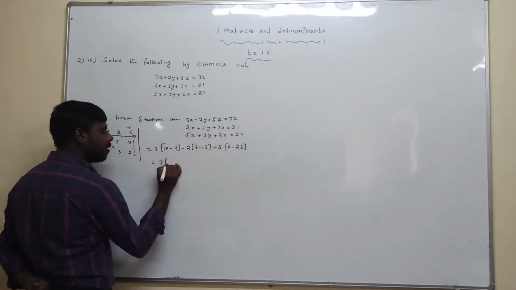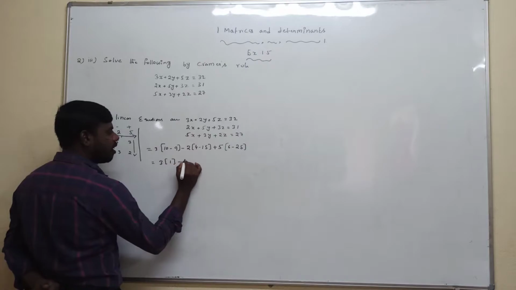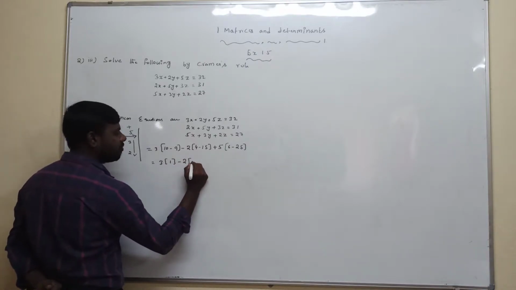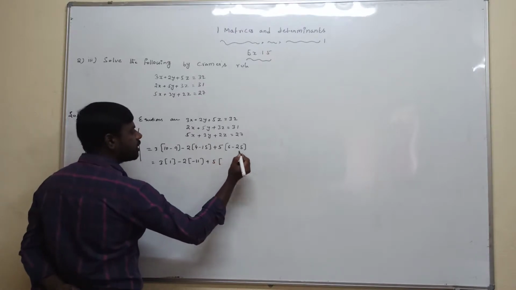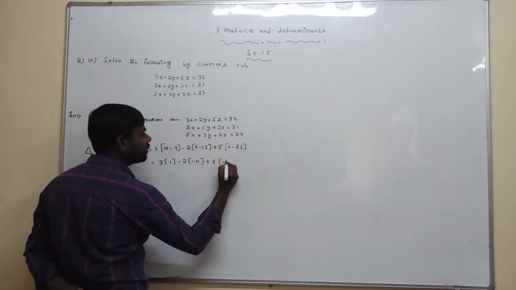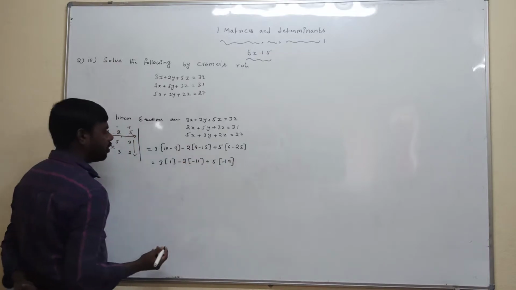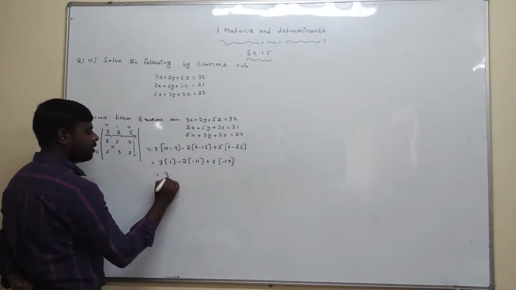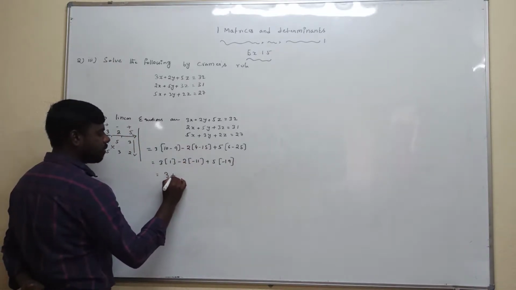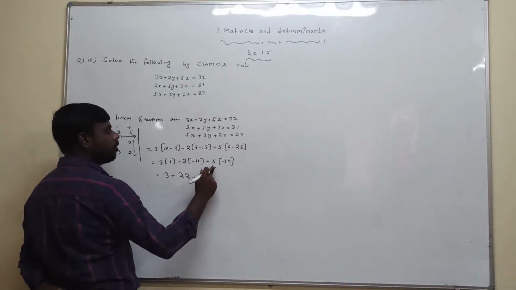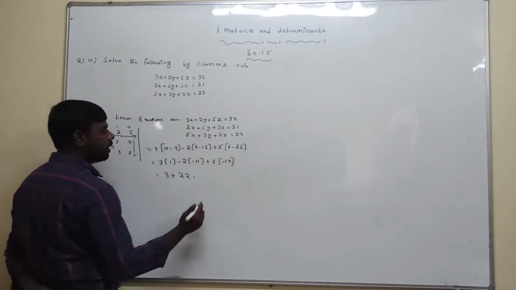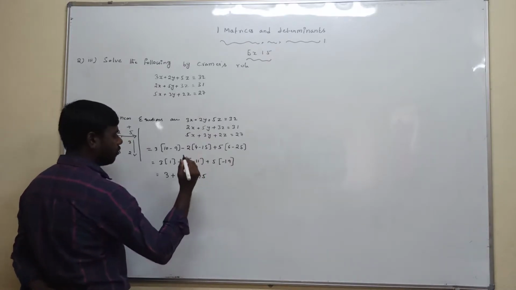3 into 10 minus 9, the value is 1, minus 2 into 4 minus 15, the value is minus 11, plus 5 into 6 minus 25, the value is minus 19. Now simplify this one. 3 into 1 is 3, minus into minus is plus, 2 into 11 is 22, minus 5 into 19 is 95.